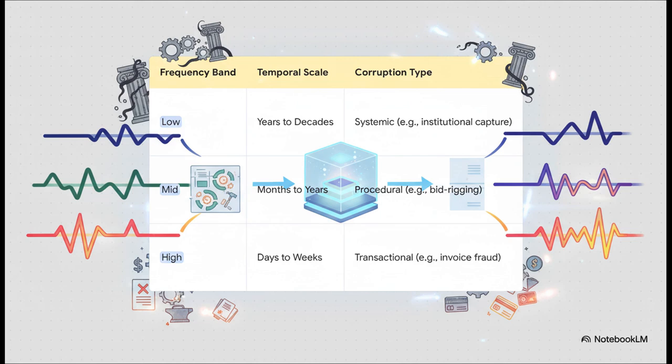The low-frequency band reveals the slow, systemic rot, like an entire institution being captured, something that plays out over decades. The mid-frequency band catches procedural stuff, like bid rigging schemes that might cycle every few months. And that high-frequency band flags the fast, transactional fraud, like a single fake invoice. Before, all of these signals were just hopelessly tangled together. But now you can see each one clearly, in its own separate layer.